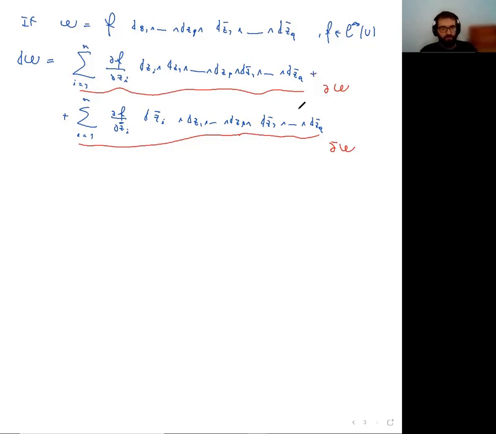So why do we call them like this? Well, because they're really separate. We started with a PQ form, which is, by the way, a P plus Q form in the standard de Rham sense, of degree P plus Q, but we call it P comma Q. And when you apply this differential, you get two terms: one which is a P plus 1, Q form, and the other one is a P, Q plus 1 form.